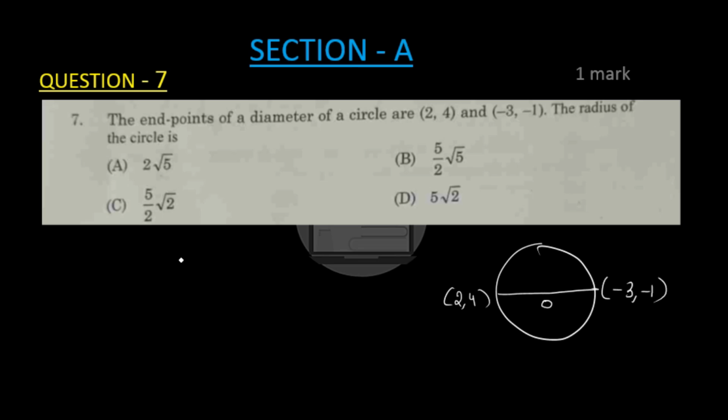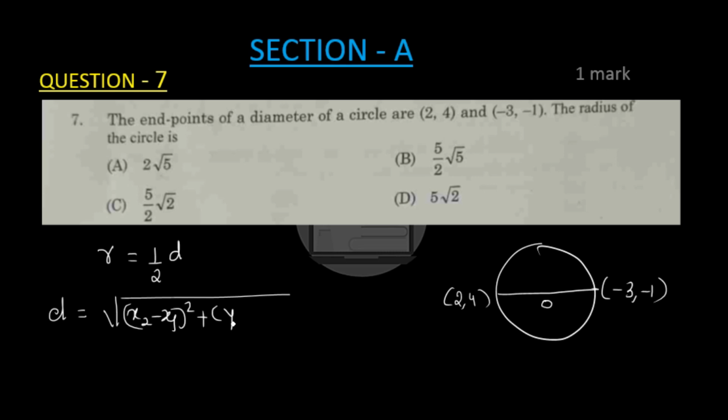Okay, so how can we do it? We know that radius is nothing but half of the diameter d. Correct? So let us find the length of the diameter d. The length is given by the formula square root of (x2 minus x1) whole square plus (y2 minus y1) whole square. This is the length between the 2 points (x1, y1) and (x2, y2).